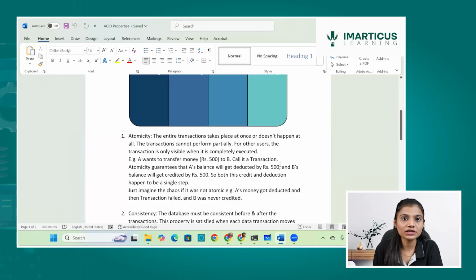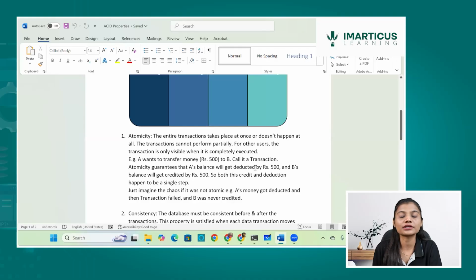The money will be debited from my account and credited to yours. So B's account, let's say you have 10,000 in your account, plus 500, it will make 10,500. So credited by 500. Both this credit and debit happen in a single step.